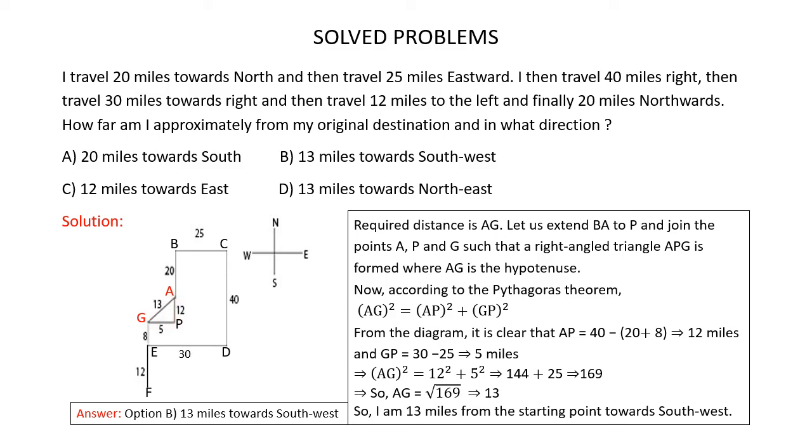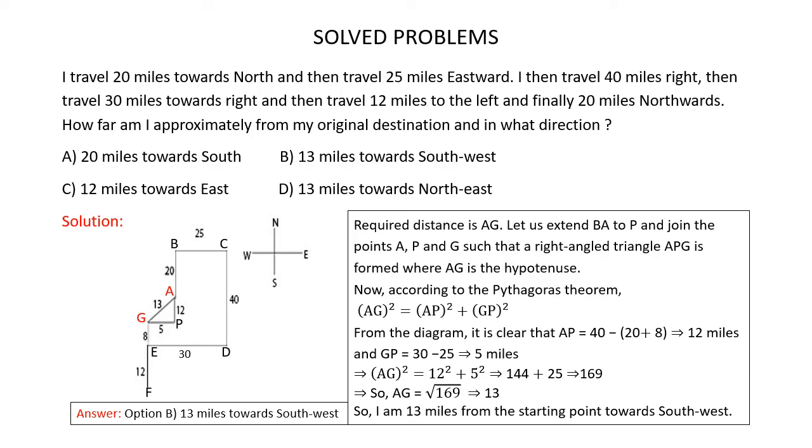Now according to the Pythagoras theorem, AG squared is equal to AP squared plus GP squared. Now from the diagram, let's find out the distance between points A and P and the distance between points G and P.